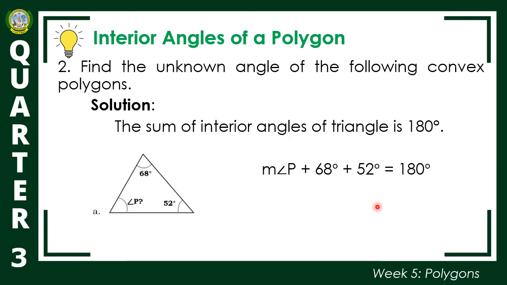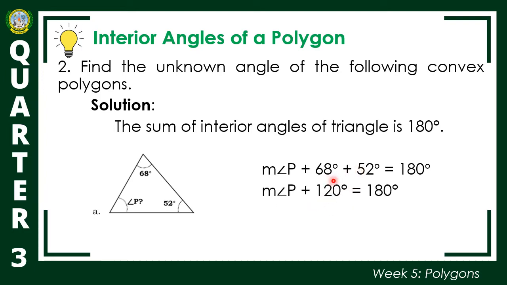And following the rules in solving an equation, what we will do first is simplify this by combining the like terms. So, the like terms we are referring to are the two constants. Okay? Since they are both constants, we can combine them. Okay? 68 plus 52 degrees is equal to 120 degrees.